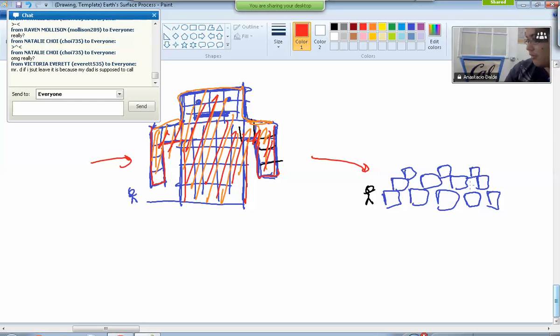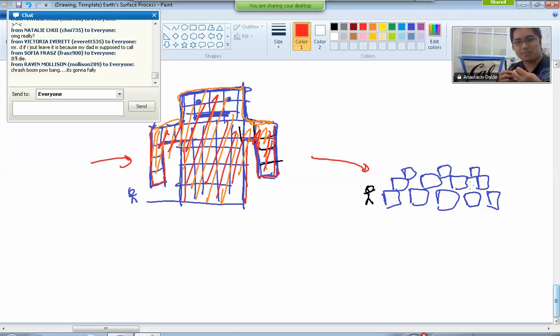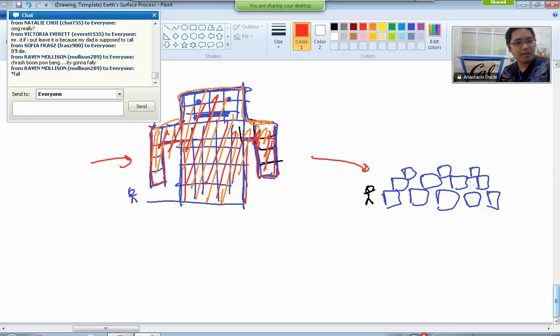If I just leave these small chunks of stuff, they're going to blow away. They're going to fly away. Yes, exactly. Maybe a rain might come and it will wash everything away.